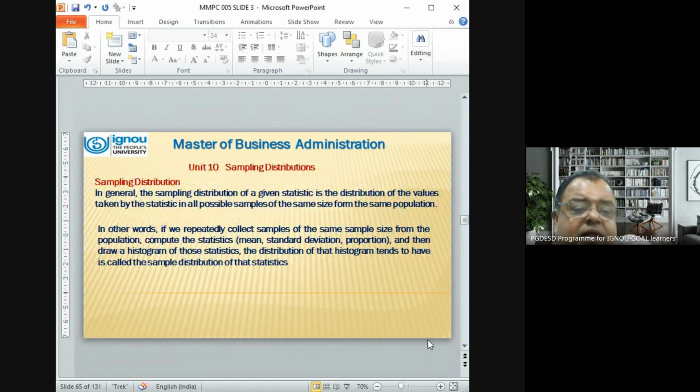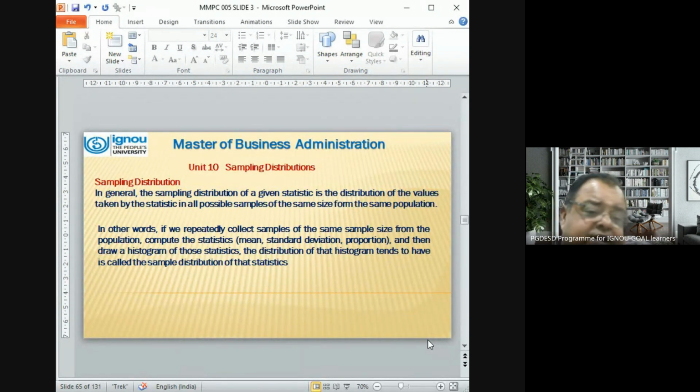Now comes sampling distribution. The question arises, what is sampling distribution? In general, the sampling distribution of a given statistic is the distribution of the values taken by the statistic in all possible samples of the same size from the same population.